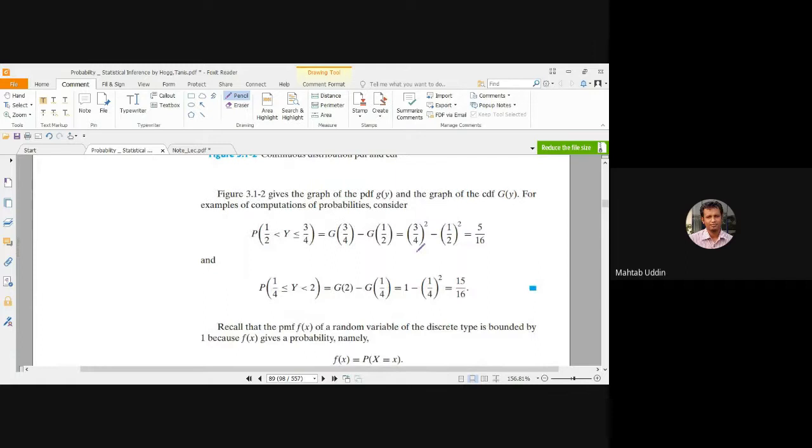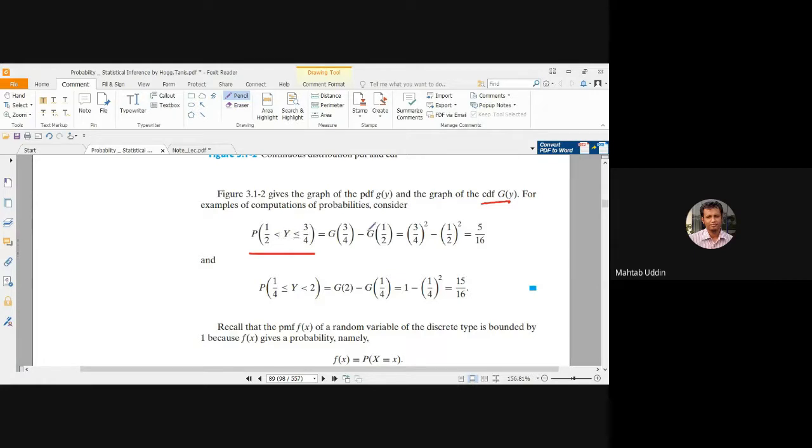Then the probabilities. As we have the CDF, we will use the CDF to find the probability. So the probability between half and 3/4, as I have said, in the case of continuous type, less than and less than or equal are the same.